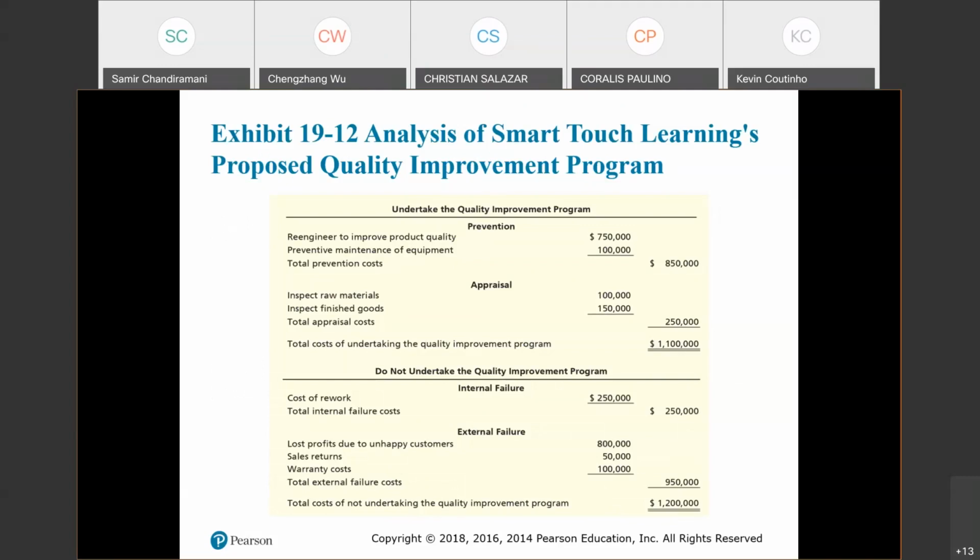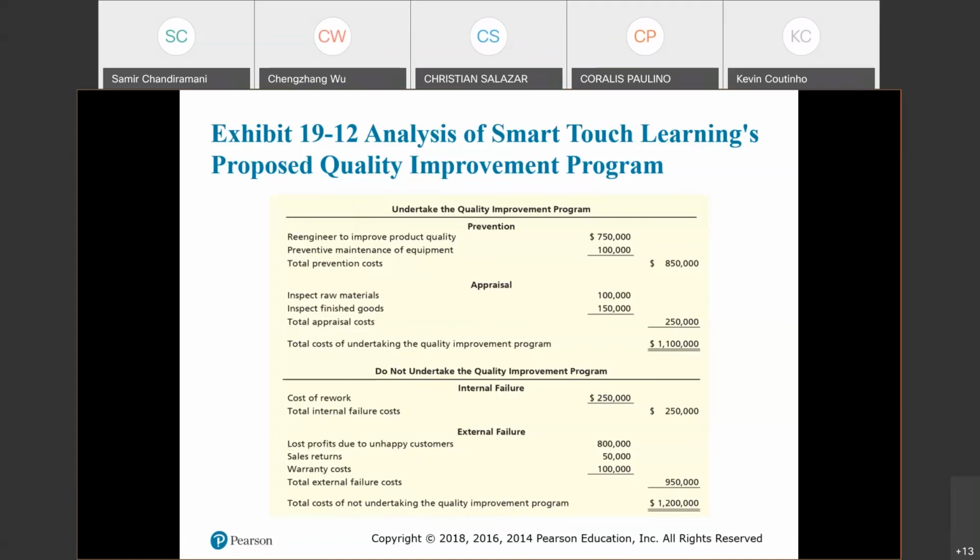And second, the CEO asks the controllers whether the company should undertake these quality improvement programs. After careful consideration, the controllers complete this report, which is shown on the slide.